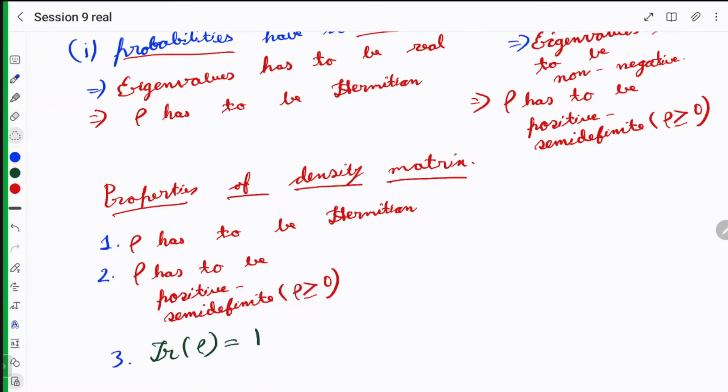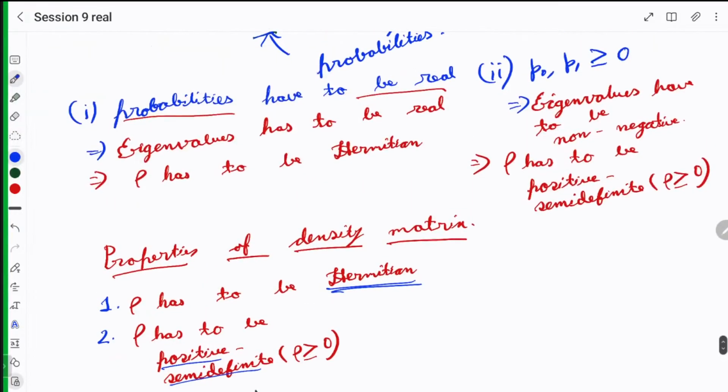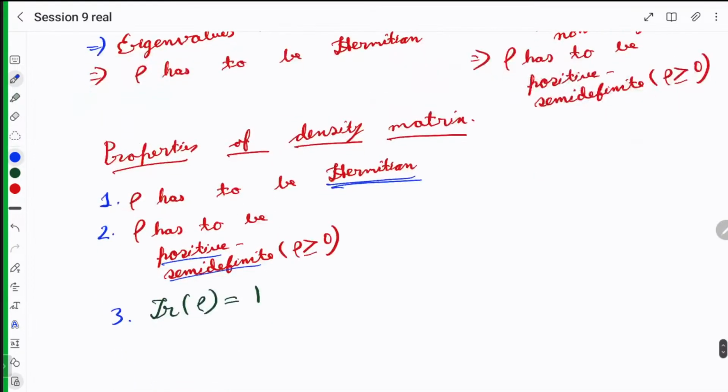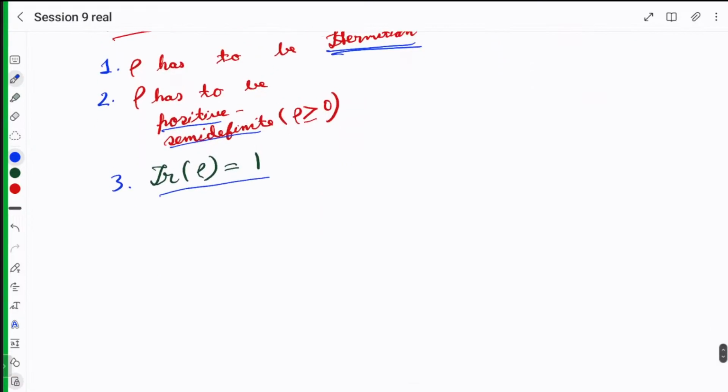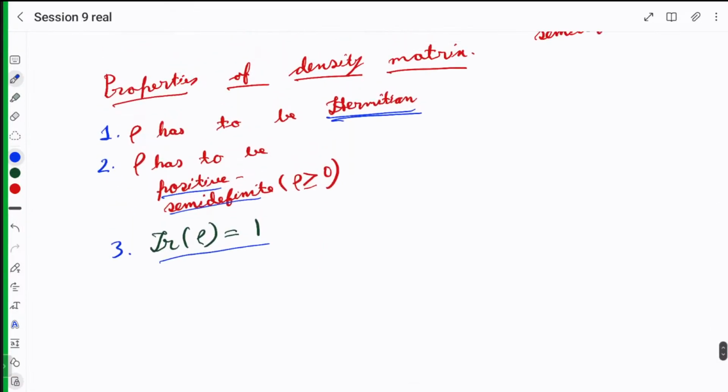Hermitian arises from the fact that probabilities have to be real, positive semi-definite arises from the fact that probabilities have to be non-negative, and trace of rho equal to 1 arises from the fact that total probability has to be 1. So these are the properties. Any questions still here?